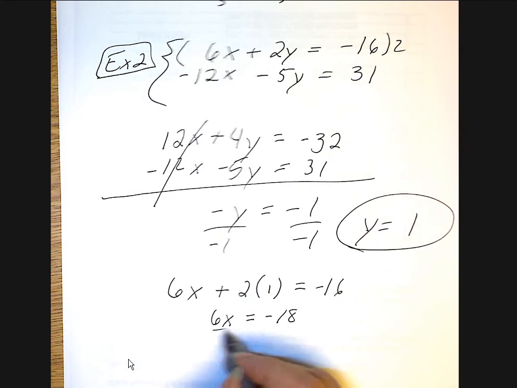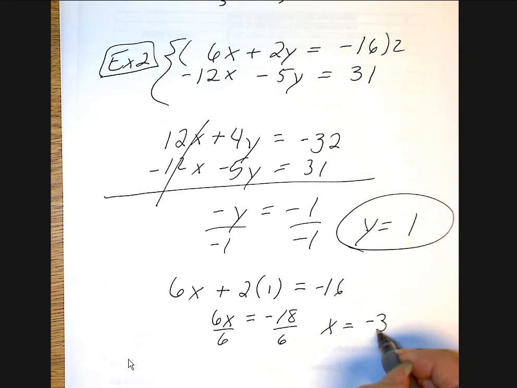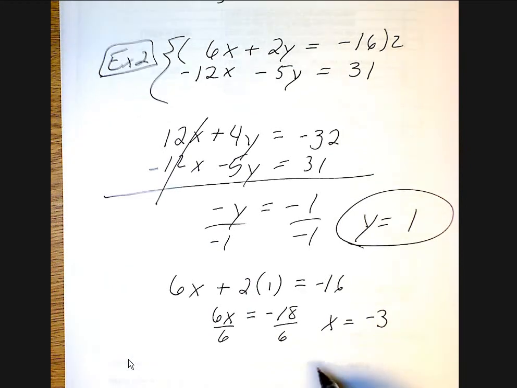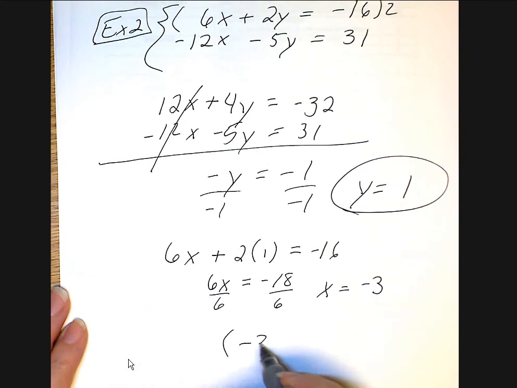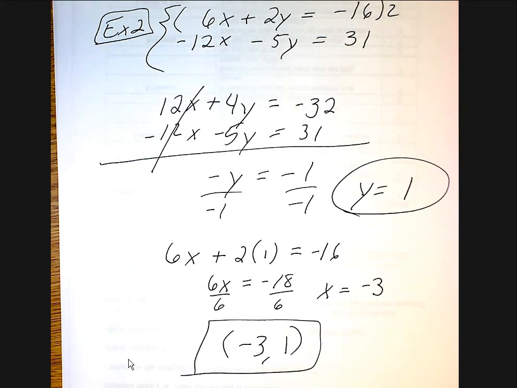Divide by 6. X is negative 3. So our point is negative 3, 1. And that is lunch. End of notes and lunch.